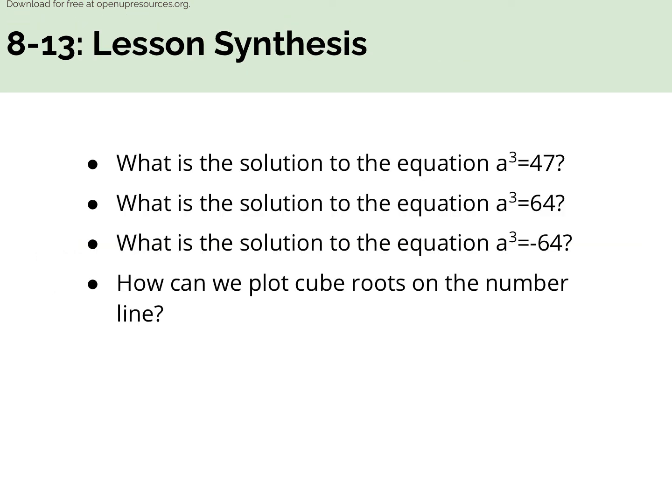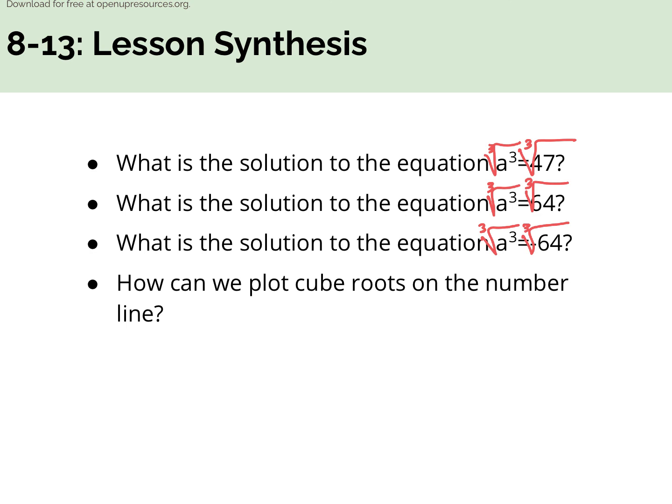So if I had a cubed equals 47, how would we answer it? That answer would be the cubed root of 47, and then we can find out what that number is. If it was 64, again, we would take the cubed root on both sides, right? Remember, the opposite of cubed is cubed root. Can we take the cubed root of negative 64?